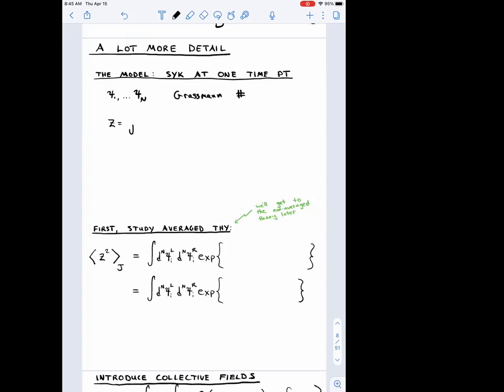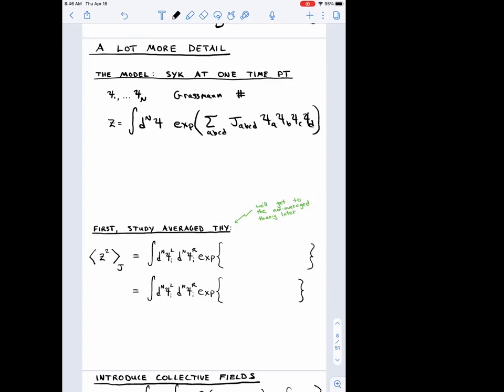And the partition function, Z, is going to be the integral dn psi of the exponential of the following sum. It looks a little bit like a Pfaffian, except that you have 4 fermions up in the exponential.